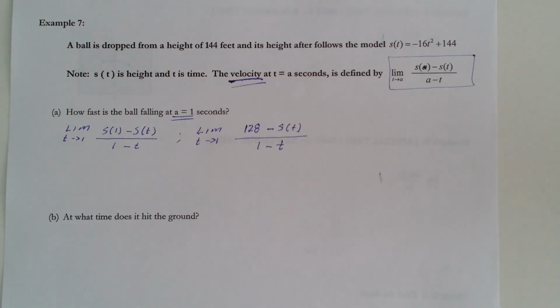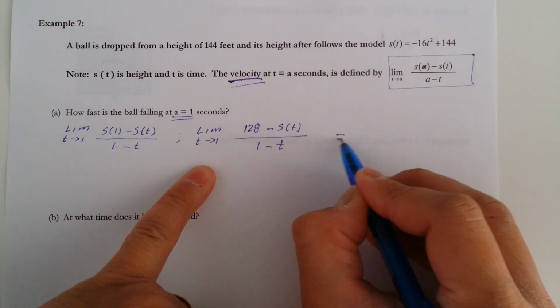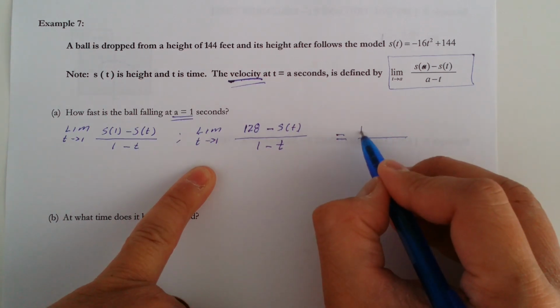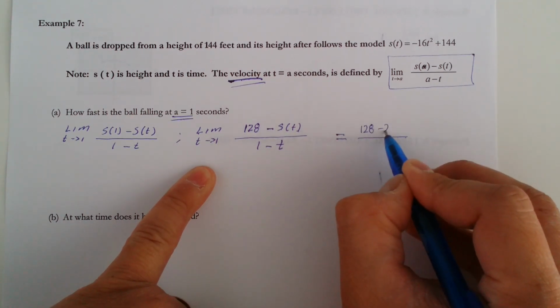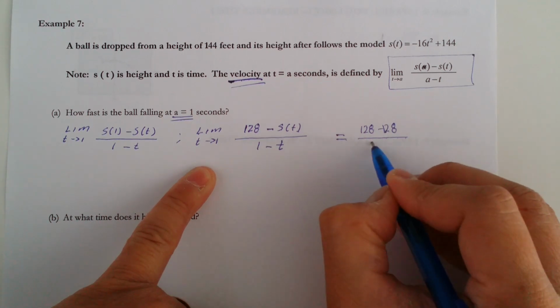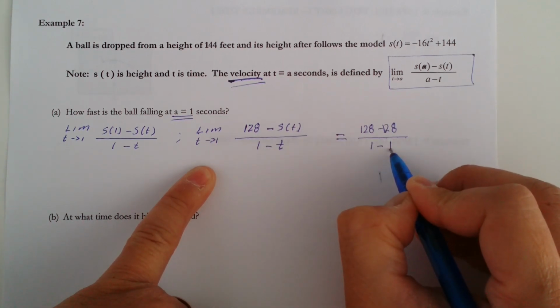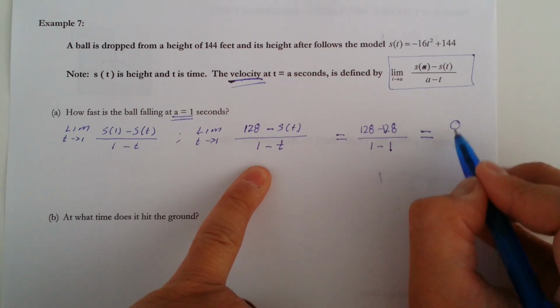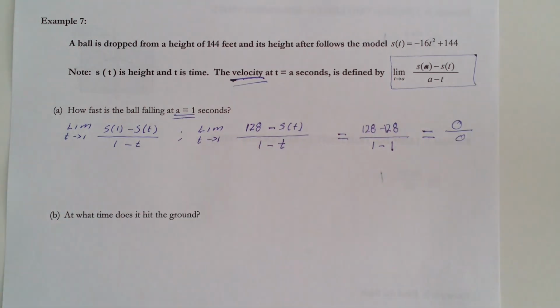Now, to evaluate this limit, we can try direct substitution. If you do, you're going to get 128 minus 128 over 1 minus 1, which means you're going to get indeterminate form.